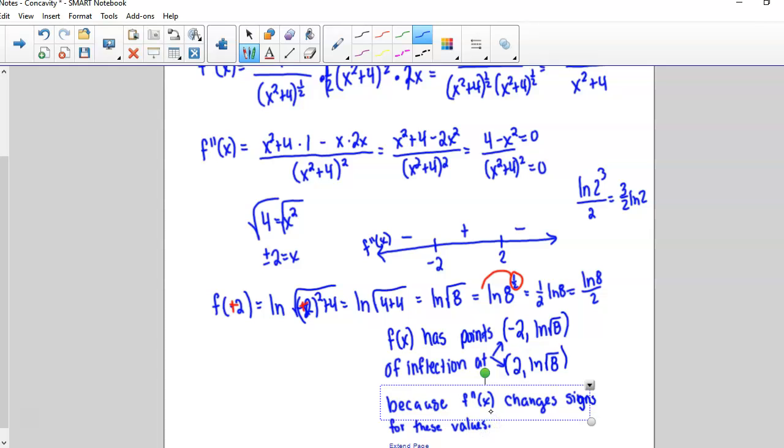You don't have to say from negative to positive or positive to negative, although you can.